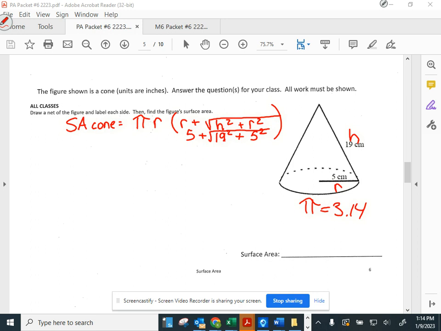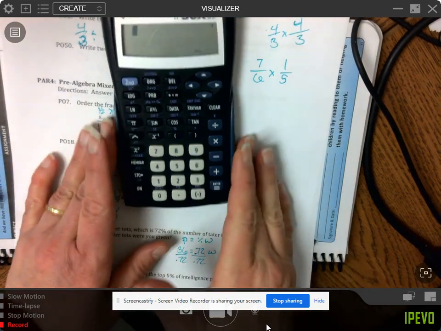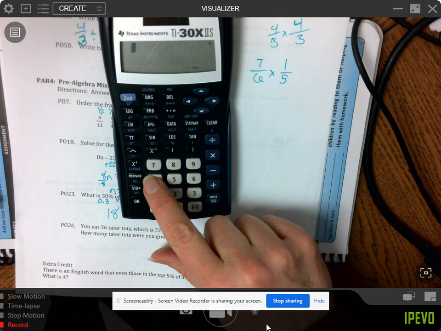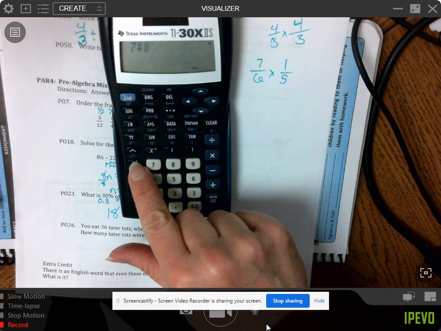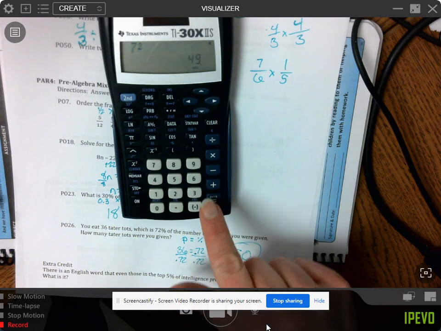Yes, Audrey. How do you do the square? Yeah. On your calculator, you have the square button. So it's where it says x squared. If you look on our calculator, to square a number, let's say we do 7 squared, we press this button, and then equals 49.